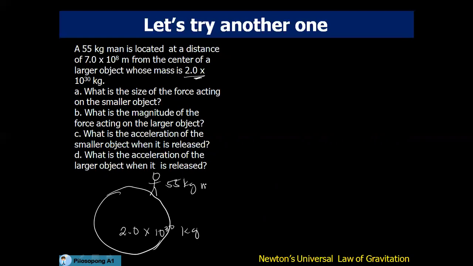Let's designate this one as M1, then this one is M2. And then the radial distance of the two objects from each other, we just consider this one, 7.0 times 10 raised to 8 meters. So this will be R.